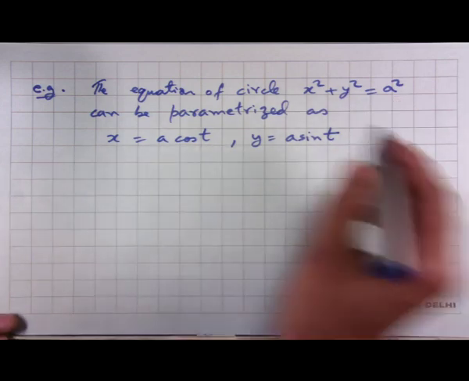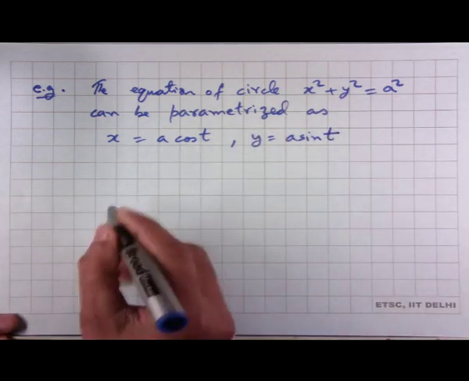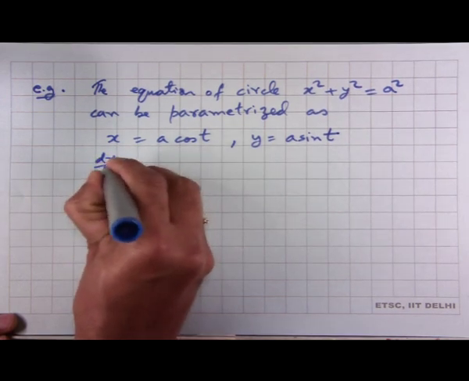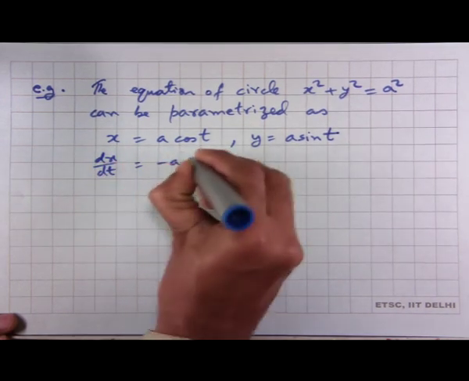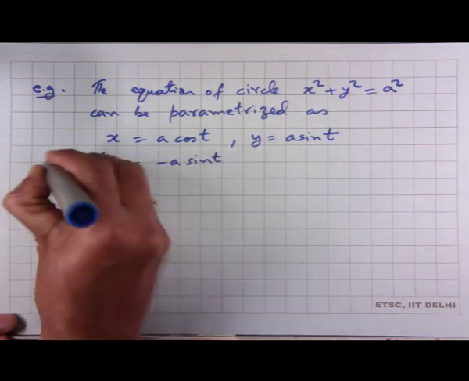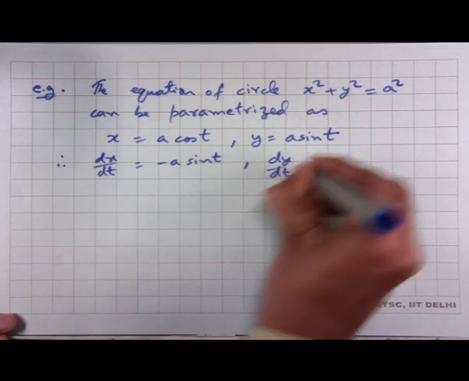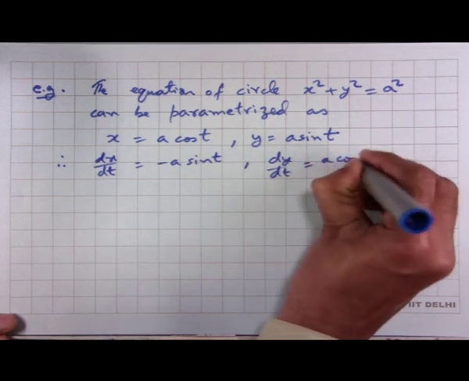Now, if I want to find the derivative dy/dx, we know that dx/dt is minus a sin t and dy/dt is equal to a times cosine t.